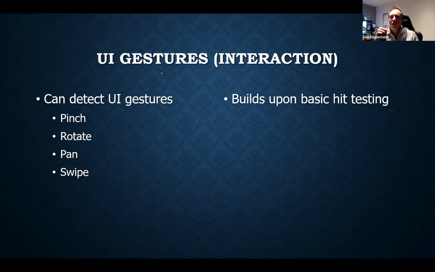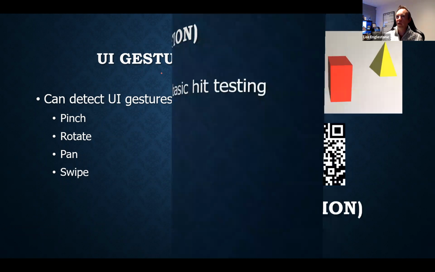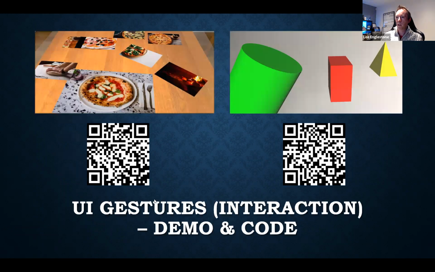You can then get it to detect pinches, either in or out, rotate, pan to move things up and down, left or right, or swipe. I think people know what these UI gestures are. So that's quite useful. I've got a couple of examples of those as well.